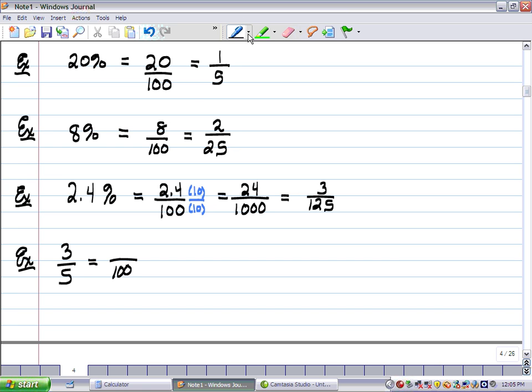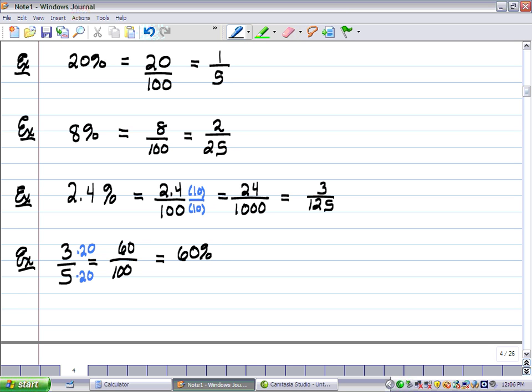You can say, what am I going to have to multiply that 5 by in order to get 100? If I multiply it by 20, then I'll get 100. So it's like getting common denominators in a way. Just multiply both pieces by 20, and I have 60 over 100, which is the same as 60%.